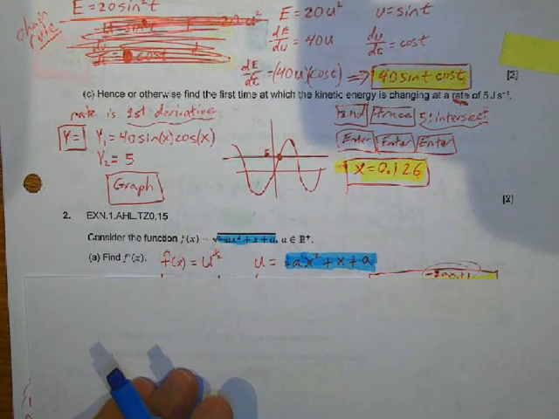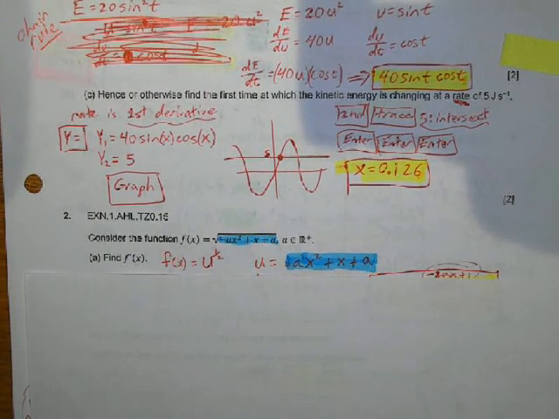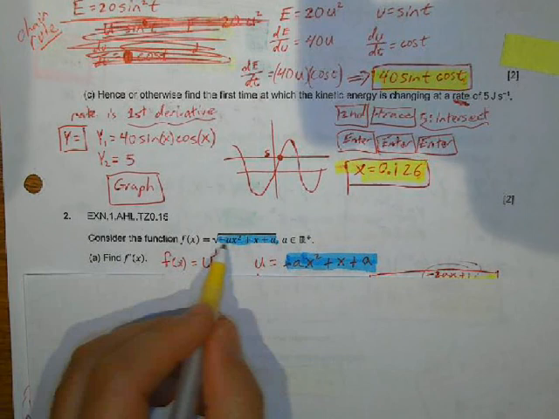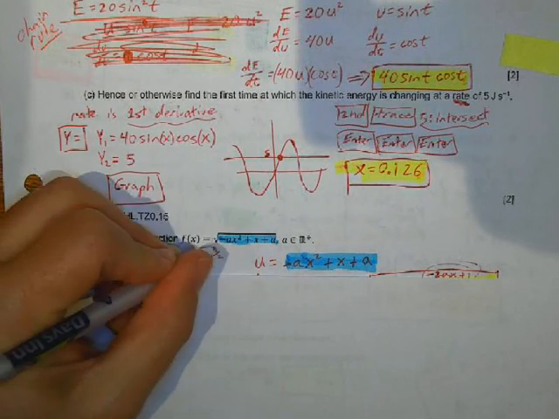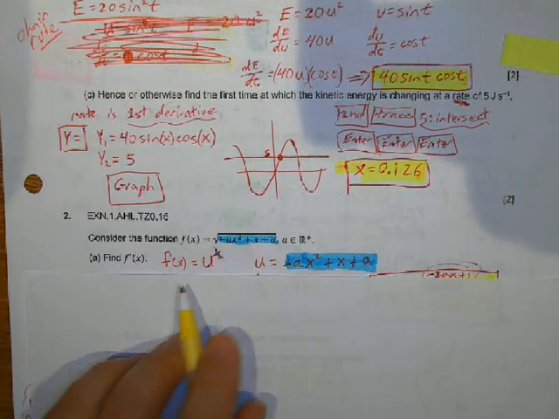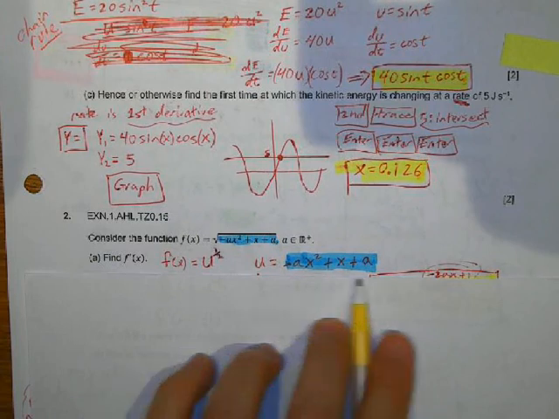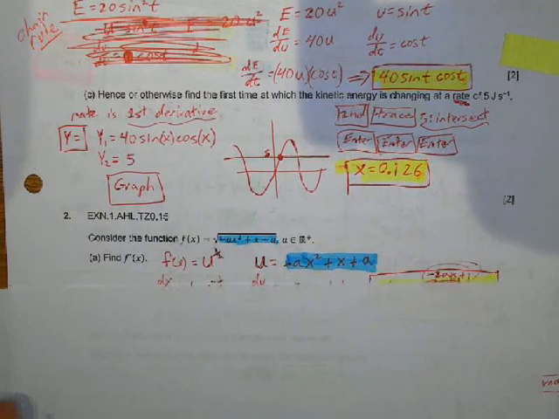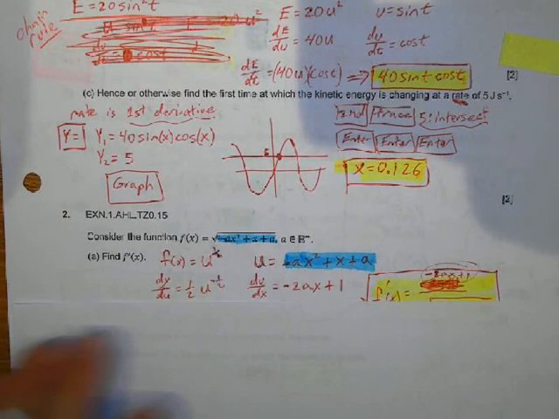So I made all of that equal to u, and so I've got the square root of the blue stuff. I'm going to write that as u to the 1/2 power, and u is equal to this stuff here. So I take the derivative of each thing. We're going to do the chain rule again.